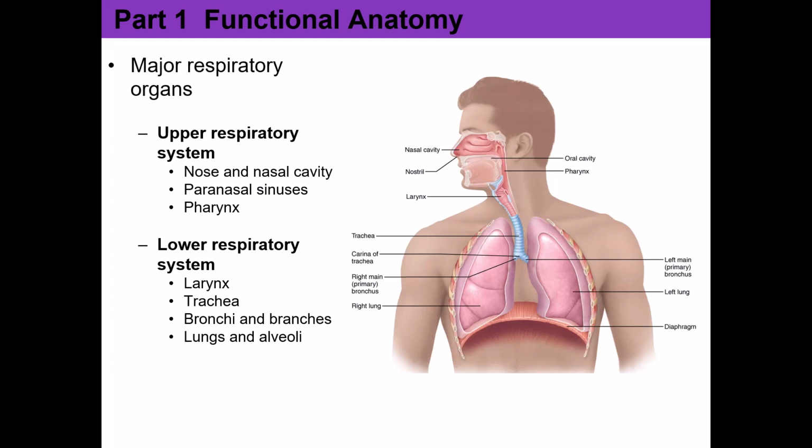As you are learning all these structures for lab and you're looking at our lab exam study guide, pay attention to which structures are part of the upper respiratory system and which are part of the lower respiratory system, but also take note of the tissue types in both, because the tissue type will change, particularly as you move deeper and deeper into the lower respiratory system.